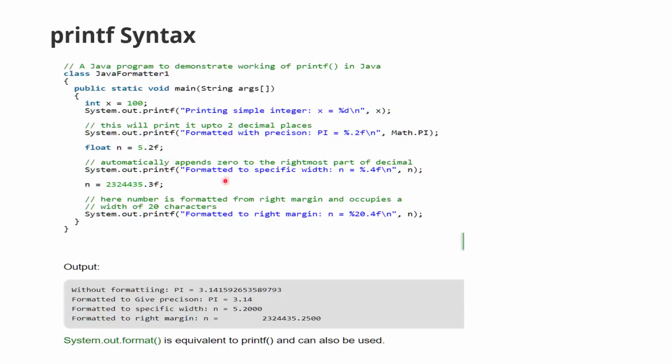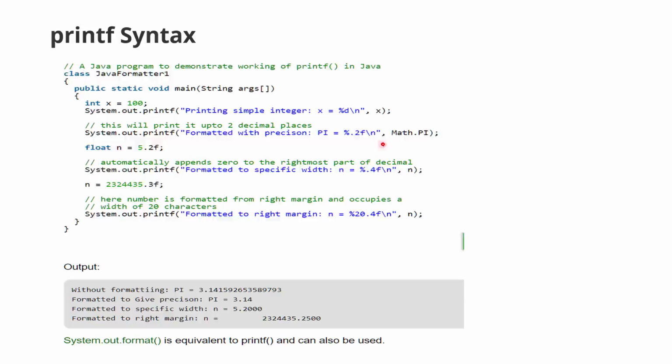A good way to understand printf is to take a look at a few examples. We see the output here of pi to almost a default precision, but if we look up here, we can see that using printf, we can format it to a precision of 2 decimal places. Looking here again, we can see a specific width, 4 places of a decimal, and we can also see how we can pass in the %20 for the margin.